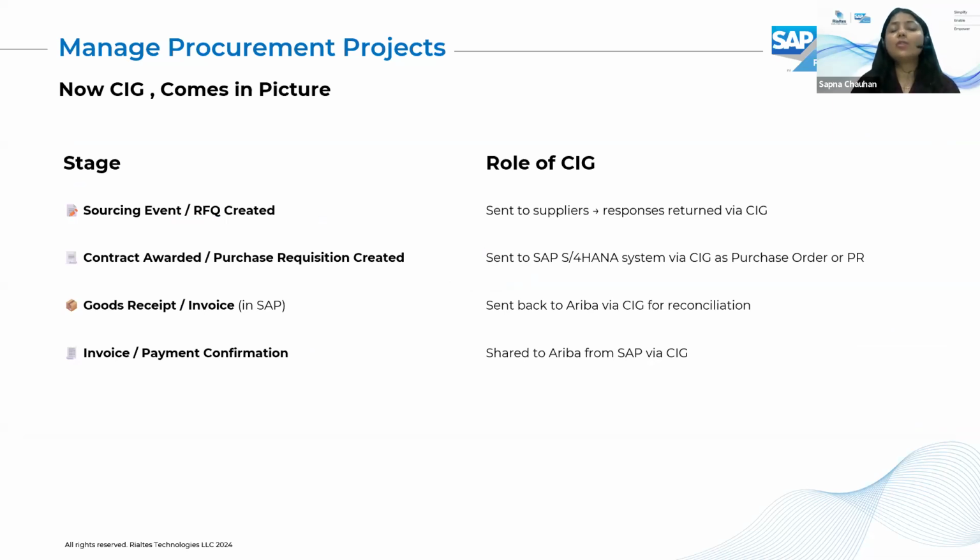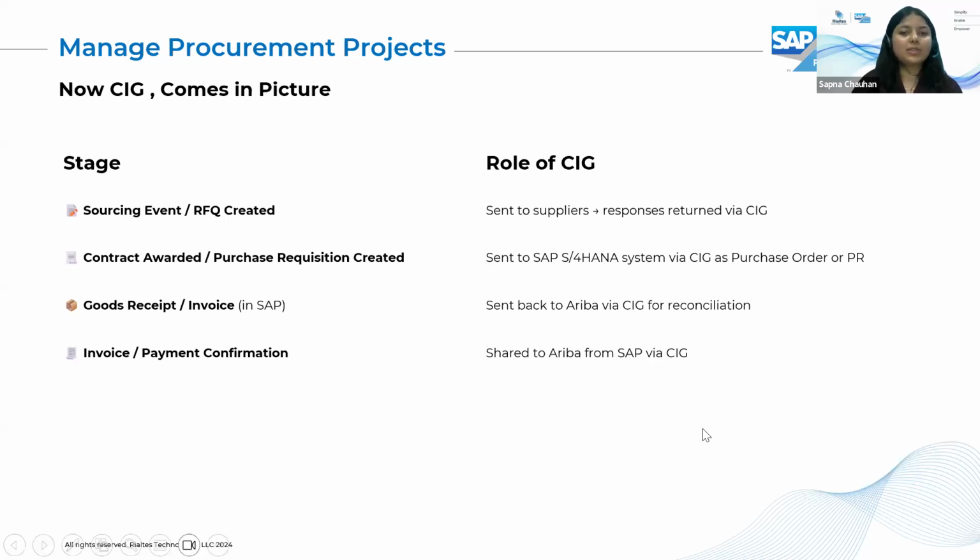So the question is, how does SAP CIG come into the picture? The answer is that SAP CIG is not directly used inside the procurement planning UI. Instead, it plays a role in connecting SAP Ariba with your SAP backend system. Let's say we build a project of procuring a tire, define the project scope, add team members and budget, and also create a sub-project.